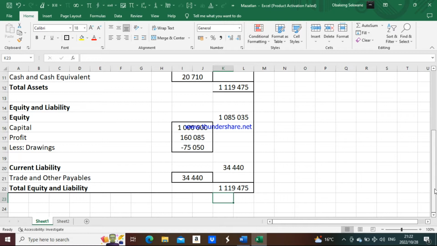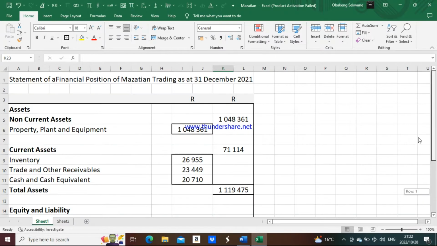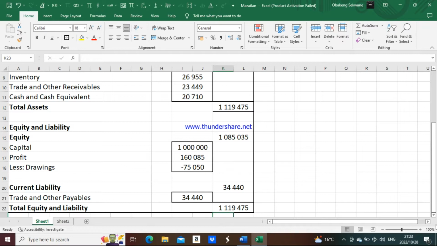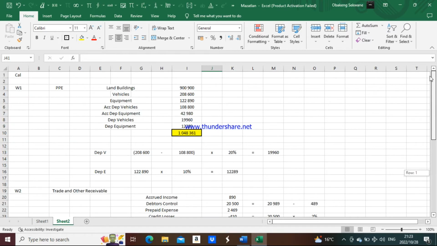And you guys can see our total assets and total equity and liability actually match. So here's our assets, then here's our equity and liability. Then our calculations are as follows. This is our workings 1, which is PPE.